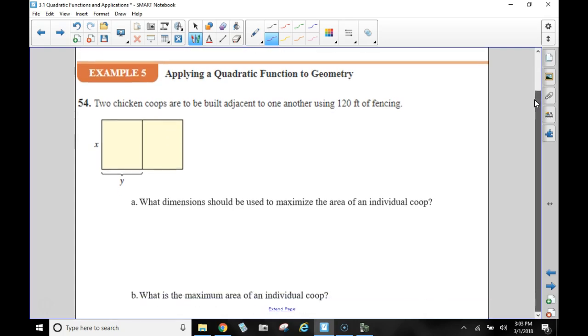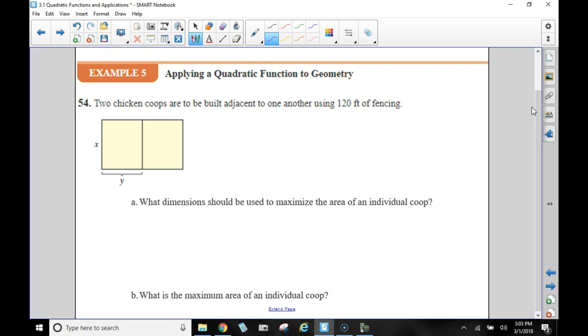Okay? The first thing in an optimization problem is to write your function in one variable. Right now we've got 2 variables, x and y, and these have to do with the 2 chicken coops that are being built next to one another using 120 feet of fencing.